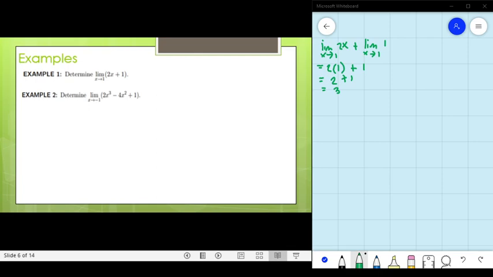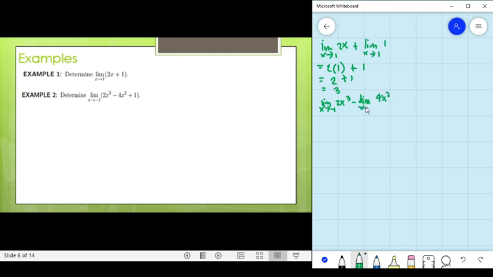From the theorems we learned last time, we are now to find the limit by applying the addition theorem. We have the limit of 2x cubed as x approaches negative 1 minus the limit of 4x squared as x approaches negative 1 plus the limit of 1 as x approaches negative 1.